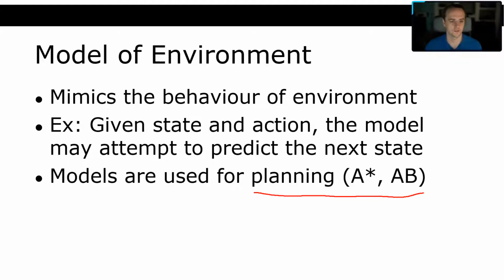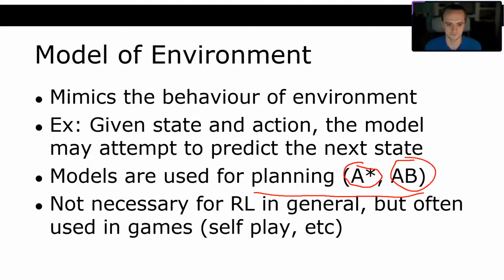One of the major drawbacks of heuristic search algorithms like A-star and alpha-beta is that you require a complete model of your environment. So it's very hard to apply A-star or minimax algorithms to real life problems where you have to deal with, for example, real life physics.